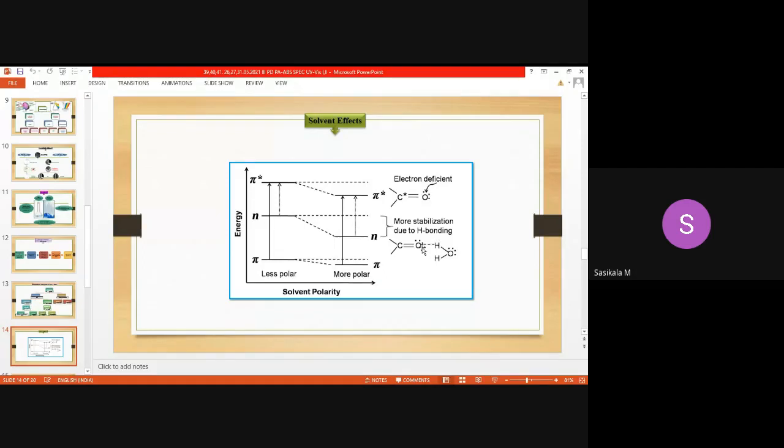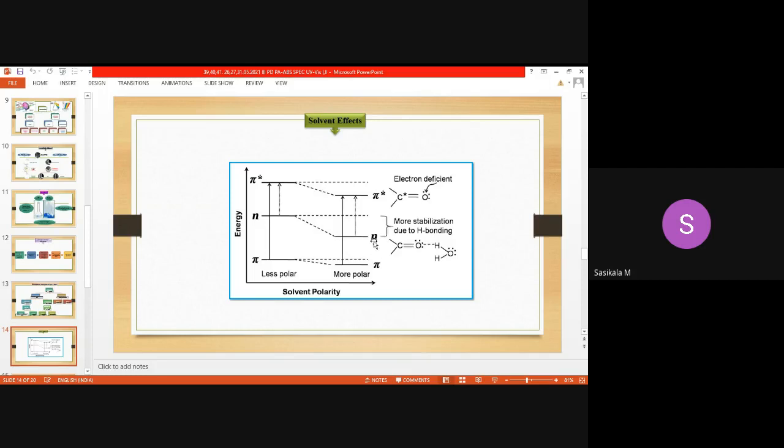When it forms a hydrogen bond, what happens? The electrons get more stabilization. These groups containing lone pairs of electrons will form hydrogen bonds with the polar solvent. When it forms another bond, the double bonded nature will be reduced, conjugation will be reduced, and the bond becomes stronger, so it requires higher energy.